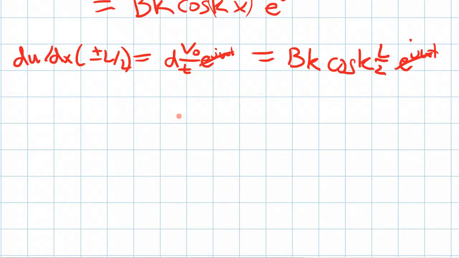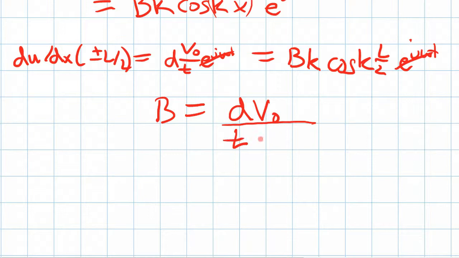What we want to do is solve for B, so we can find the final form of the solution. So B equals d V0 divided by t, times cosine(kL/2).